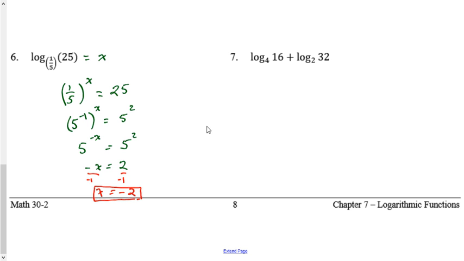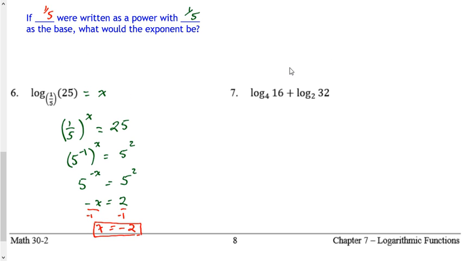I can't do that as easily for number 7. I could imagine that this is an x and this is a y. But let me go back to that previous method where I had that statement in blue. So I'll just scroll so we can see it again. I'm just going to start with this one and say, if 16 were rewritten as a power with a base of 4, the logarithm tells me the exponent. So that's going to be the log base 4 of 4 squared.